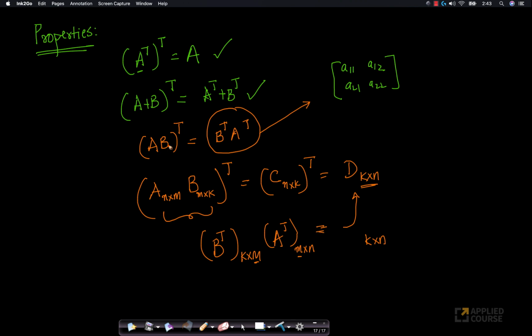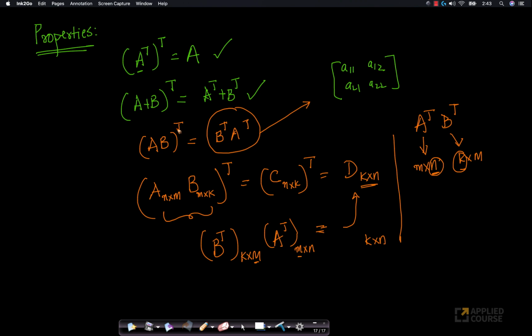On the other hand, if (AB) transpose was A transpose B transpose, everything would fail. What are the dimensions of A transpose? They are m cross n. What is the order of B transpose? It is k cross m. Now you can't multiply both of them if n is not the same as k.